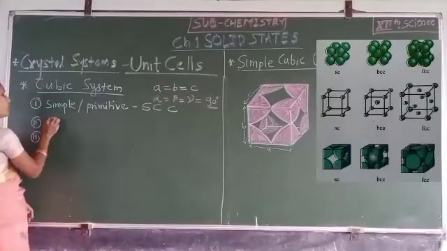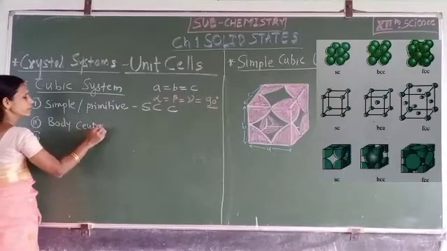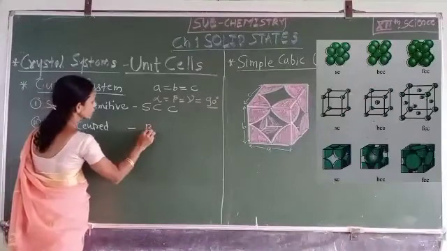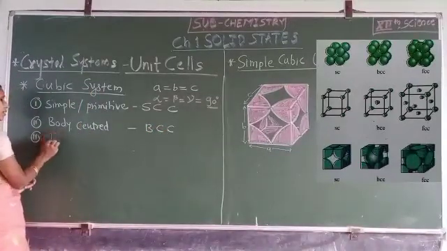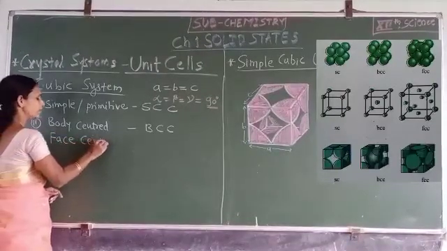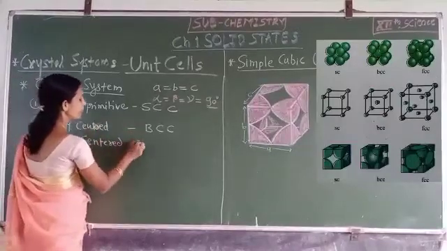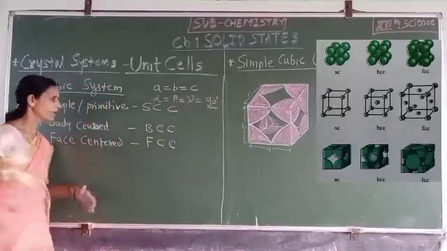One more is the body centered cubic unit cell, known as BCC. And the face centered cubic unit cell, known as FCC.